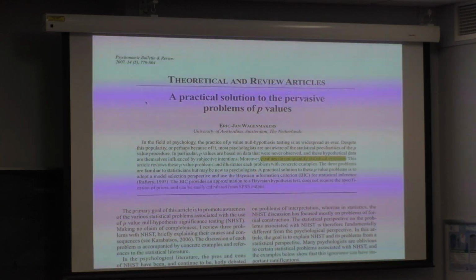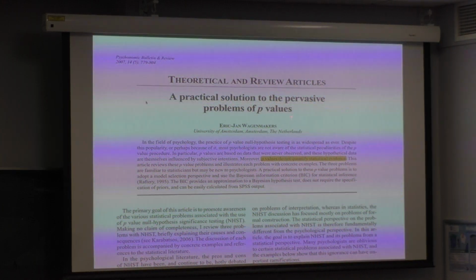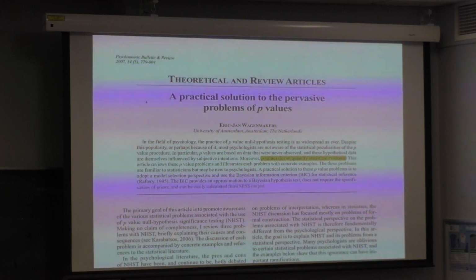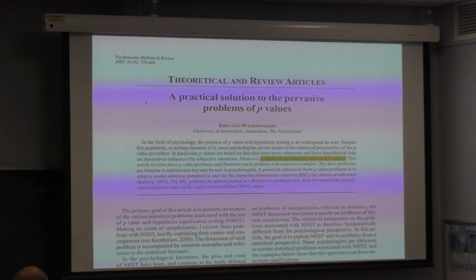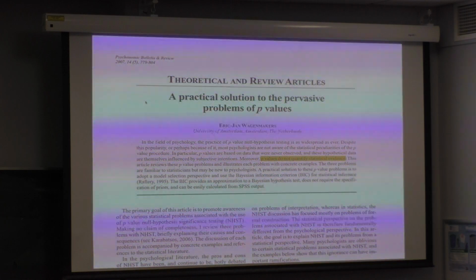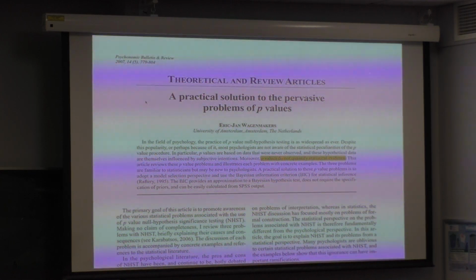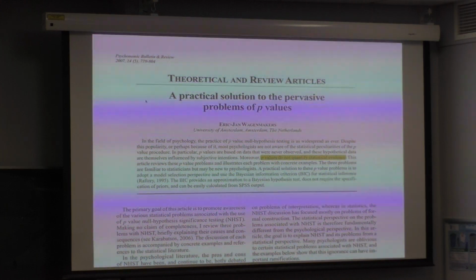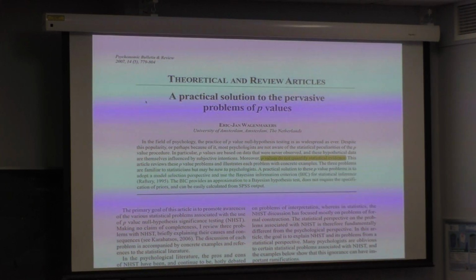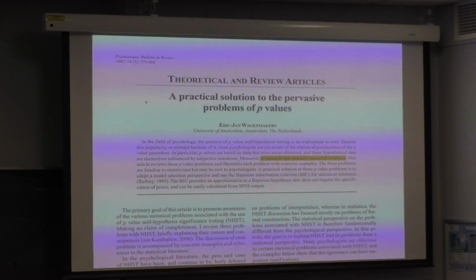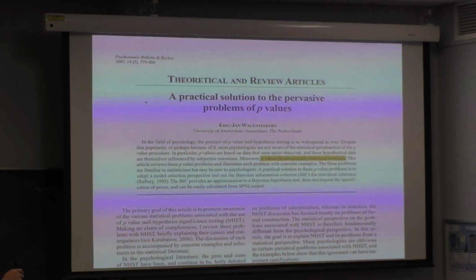This is a bit older, but highlights basically the same thing. P-values do not quantify statistical evidence. What I probably didn't say is that all these papers come from different fields.